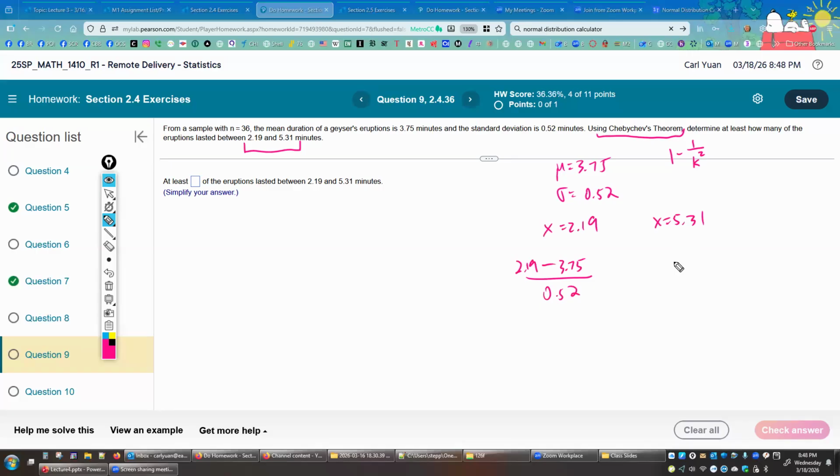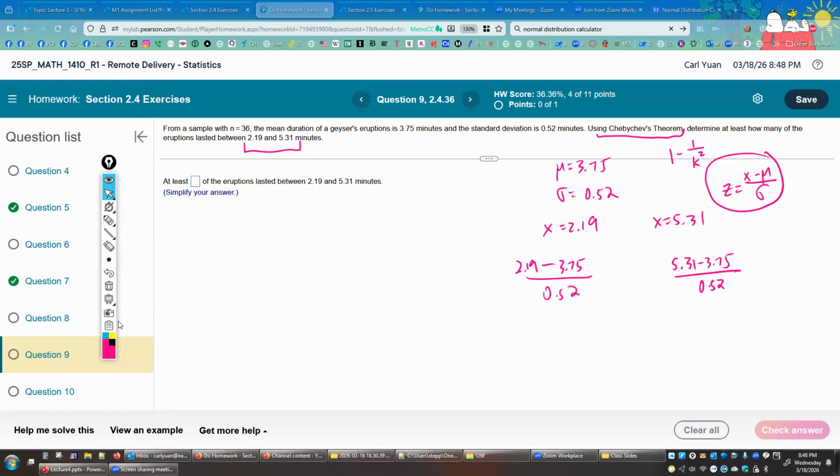And for 5.31, we'll do 5.31 minus 3.75 over 0.52. So basically, I'm calculating the z-score, x minus the mean divided by the standard deviation. This is the formula we're using.